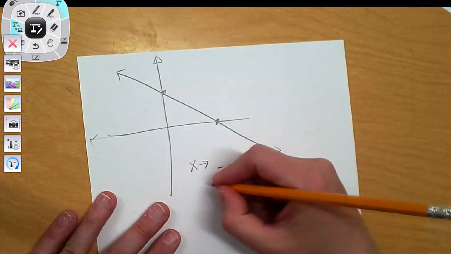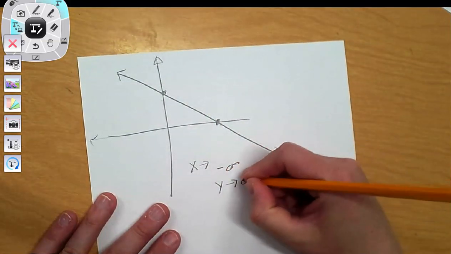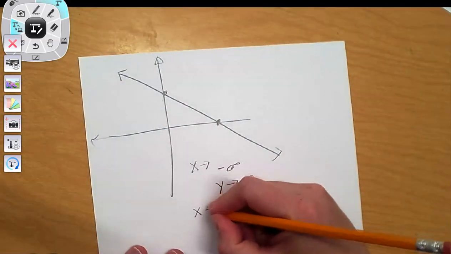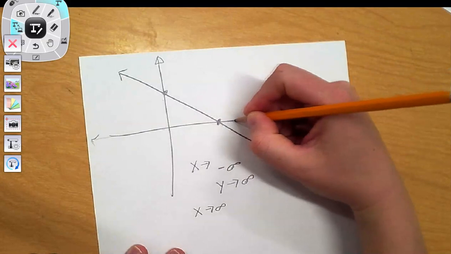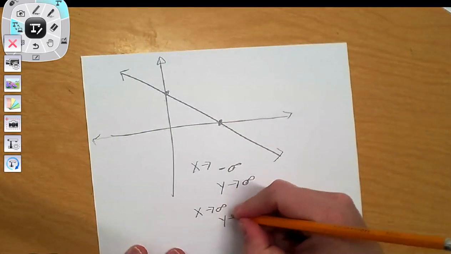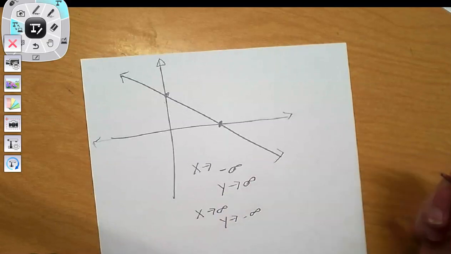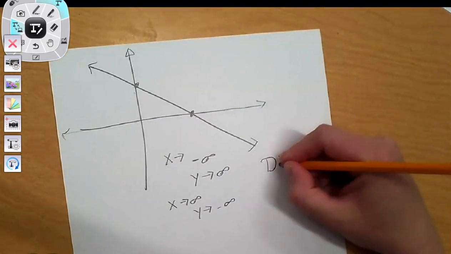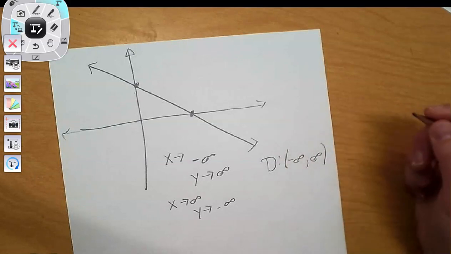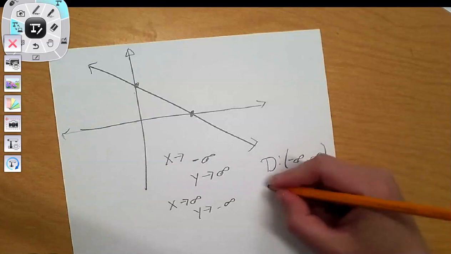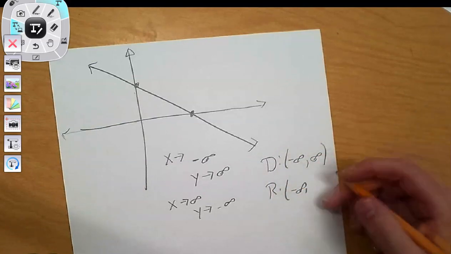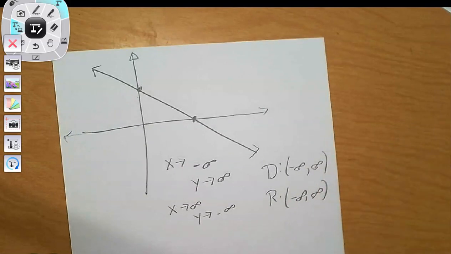So as x approaches negative infinity, y approaches positive infinity. That is my end behavior. What about if we go the other direction? As x approaches infinity, y is going down, so y goes to negative infinity. My domain: smallest x value, negative infinity, biggest x value, infinity. My range: smallest y value, negative infinity. My biggest y value is infinity. And that's my domain and range.